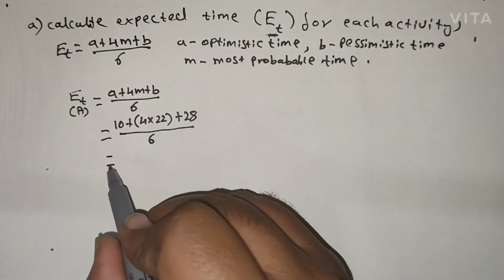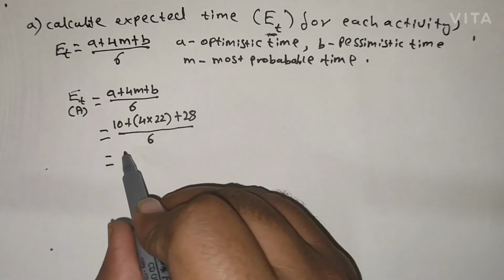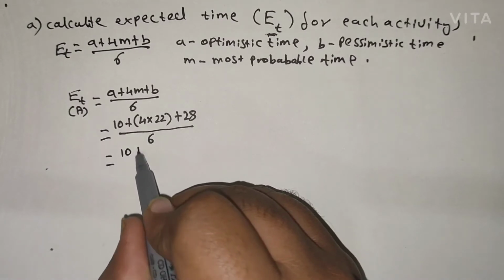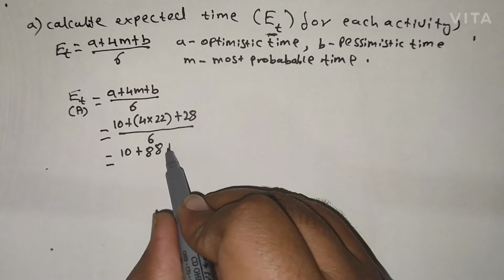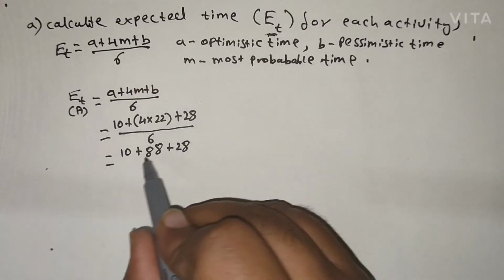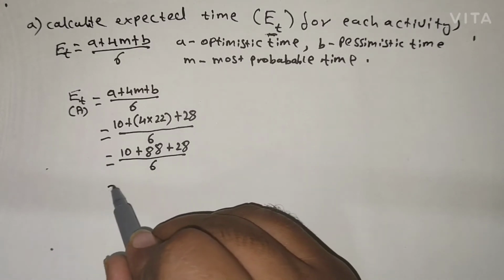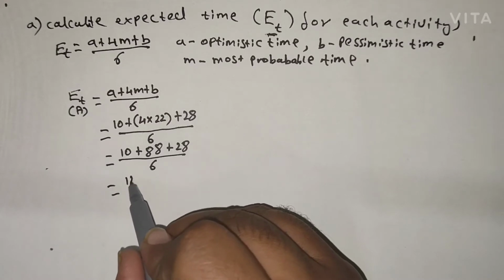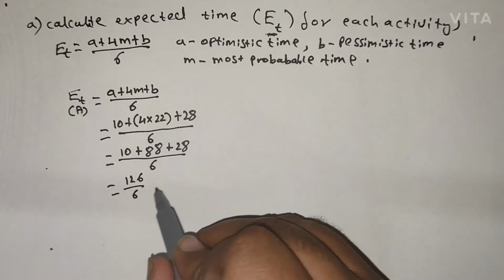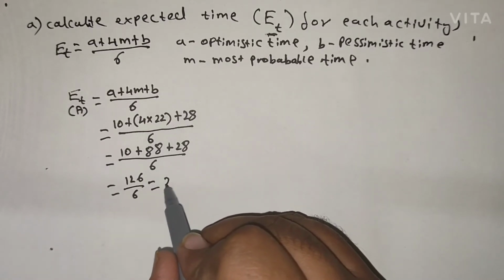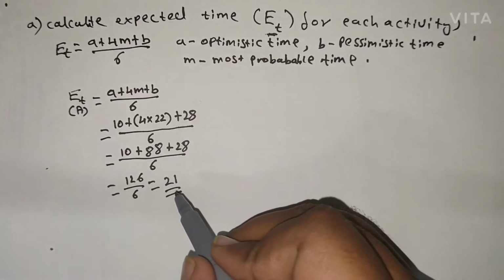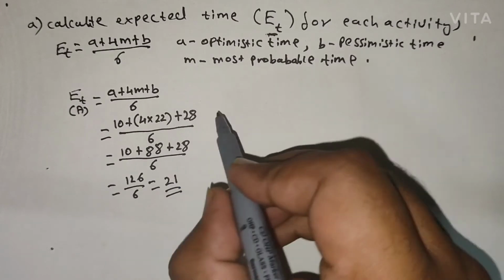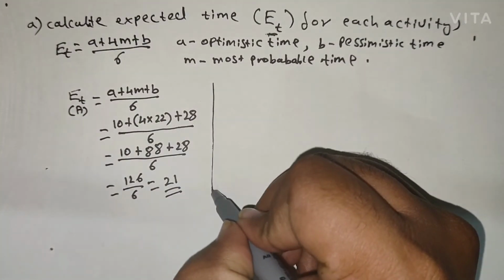If we calculate this, we get 10 plus 88 plus 28 divided by 6, that is equal to 126 divided by 6. So that will be equal to 21. So 21 is the expected time for activity A.